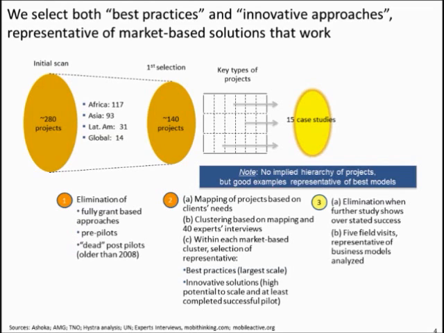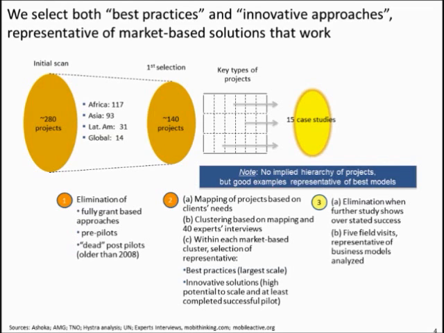As you can see, we did an initial scan using, for example, reports from the UN, from Ashoka, but also from mobithinking.com or mobileactive.org. And then we eliminated those projects that were fully based on a grant, which were like pre-pilots or which were already dead or post-pilots. In that way we ended up with 140 projects.